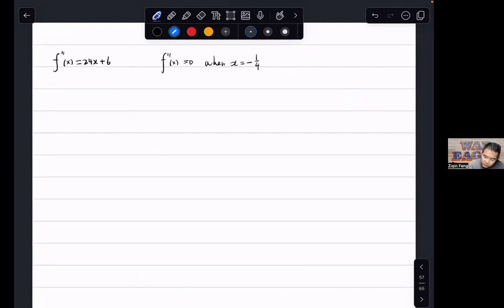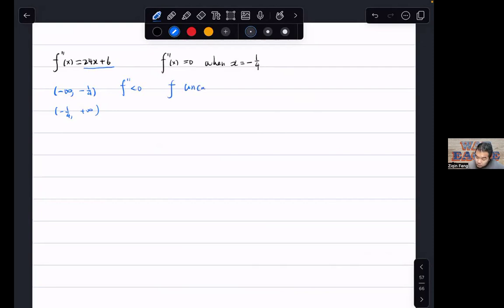You get two intervals, negative infinity to -1/4 and -1/4 to positive infinity, right? So you can see that when x is less than -1/4, f double prime is negative, less than 0, which means f is concave downward.